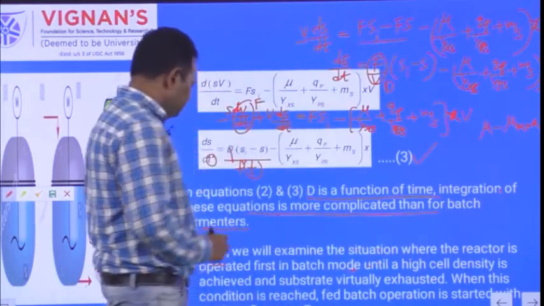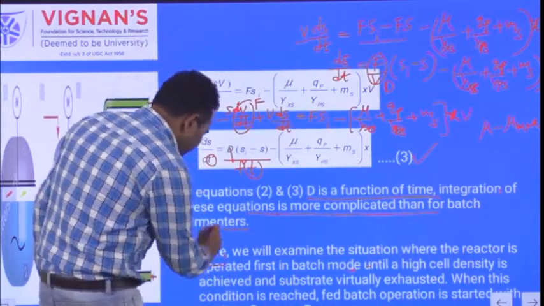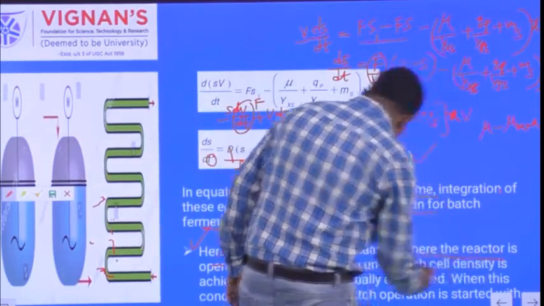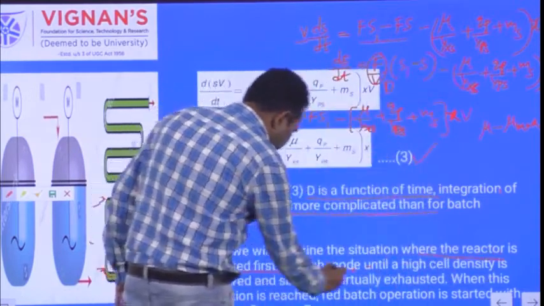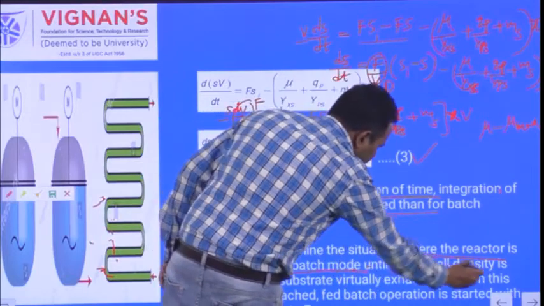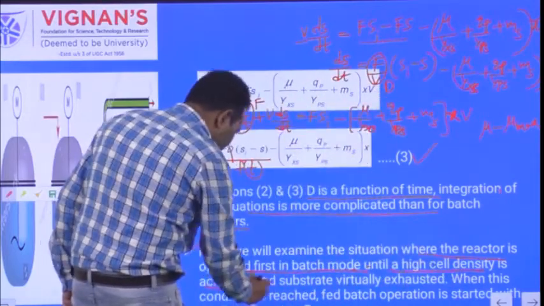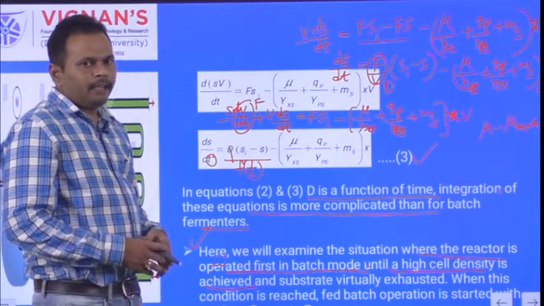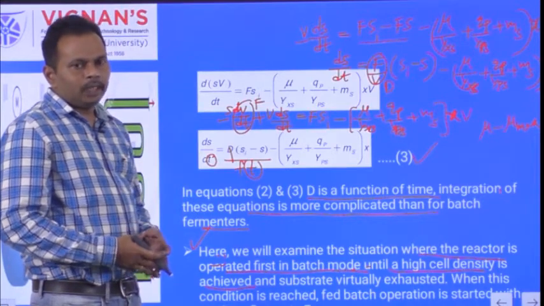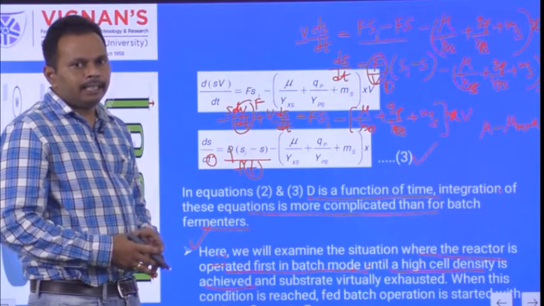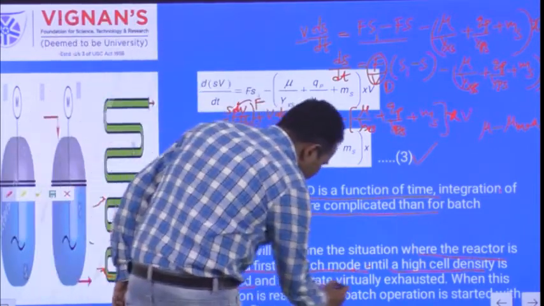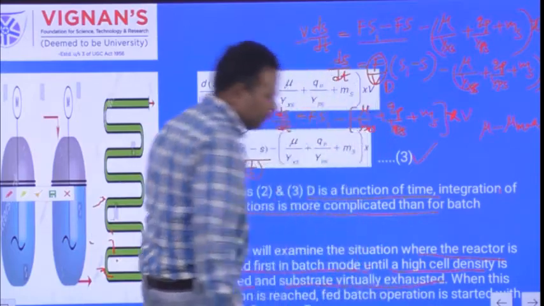Okay, the second point says we will examine the situation where the reactor is operated first in batch mode until a high cell density is achieved. At that condition, once the high cell density is achieved, whatever initial substrate is there, the entire amount of substrate is exhausted. That means substrate is virtually exhausted.